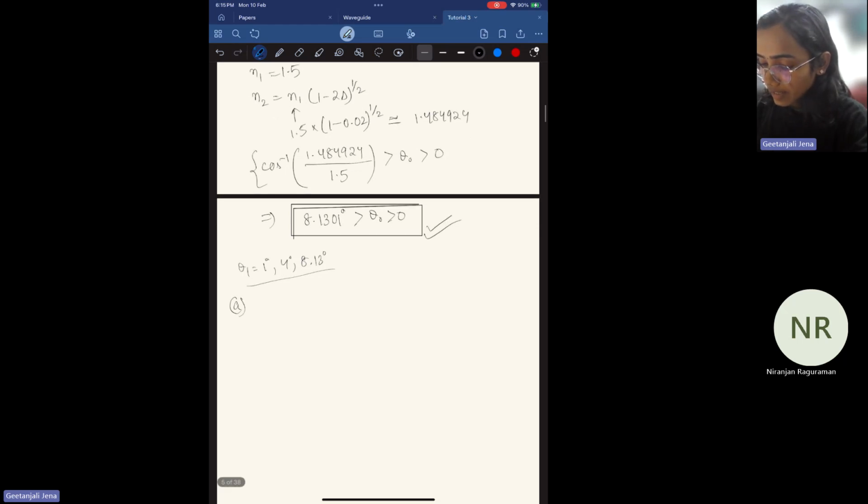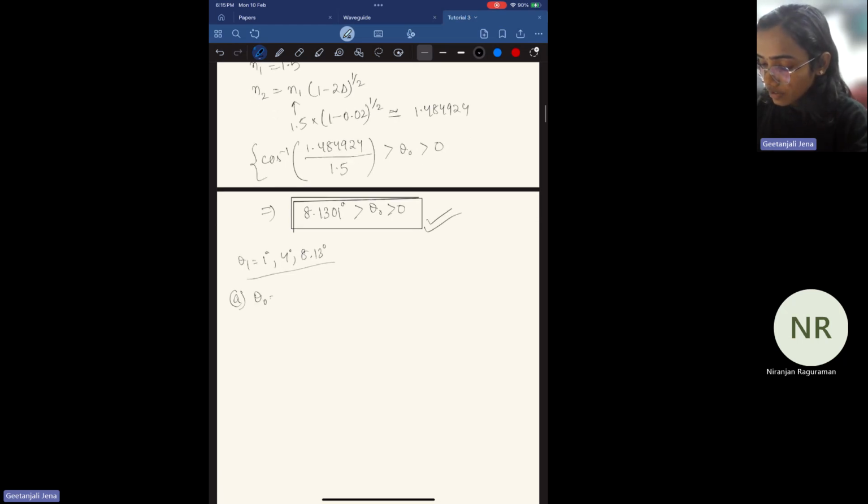For theta 0 equal to 1 degree, we have seen the amplitude is a sine theta 0 over root over of 2 delta. So a is given as 50 micrometer, sine 1 degree over root 0.02, and this comes to around 6.17 micrometer.